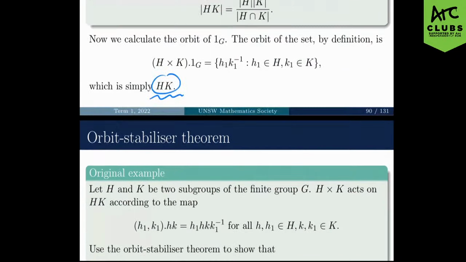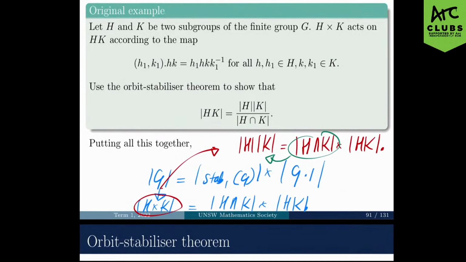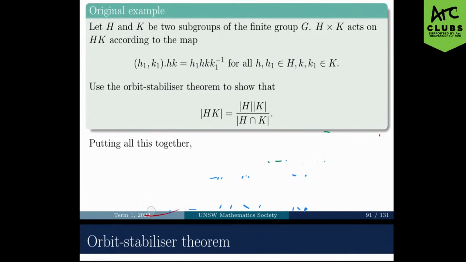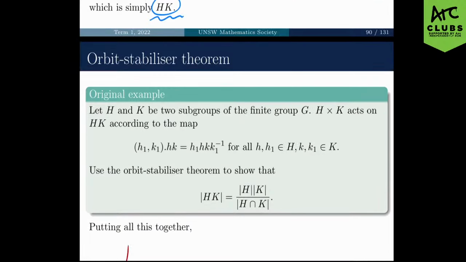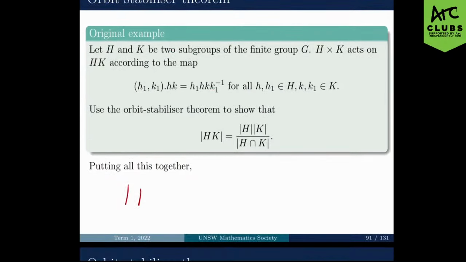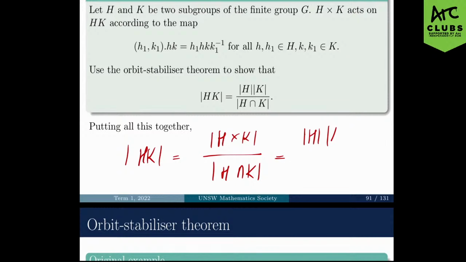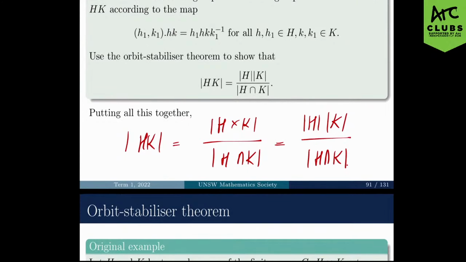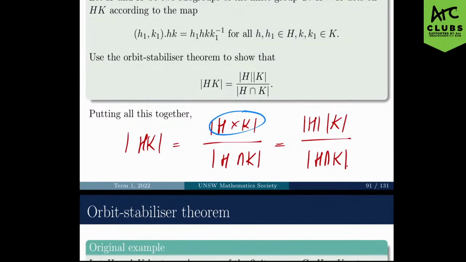So moving back to our equation, what was the size of the orbit again? It was the size of HK. That needs to be equal to the size of the total group divided by the size of the stabilizer, so the size of H intersect K. And that's going to be equal to the size of H times the size of K over the size of H intersect K. The reason for that is because this is just the external direct product, so you can write it just like this.